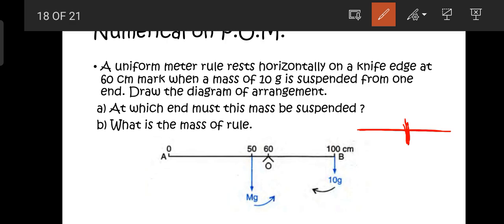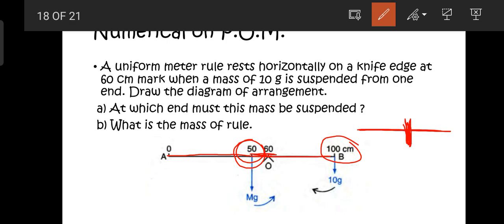It is a ruler of 100 centimeter. So what is half of 100? It is 50. So that's why we know the distance.